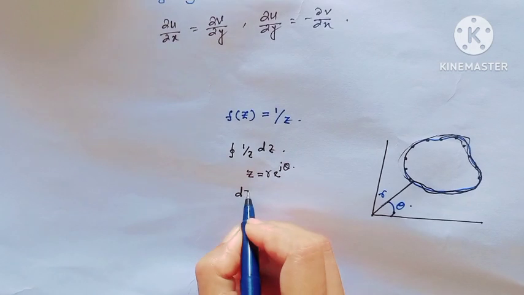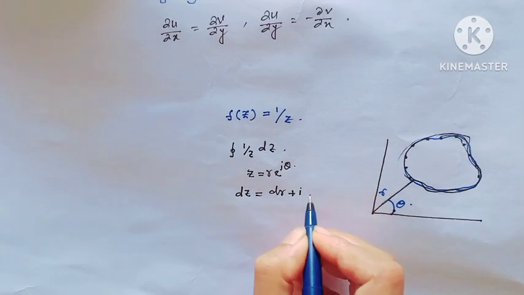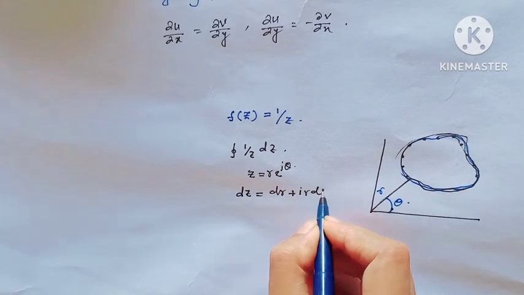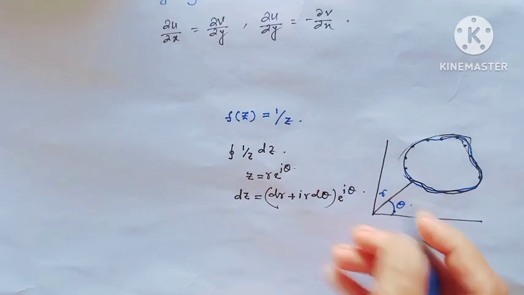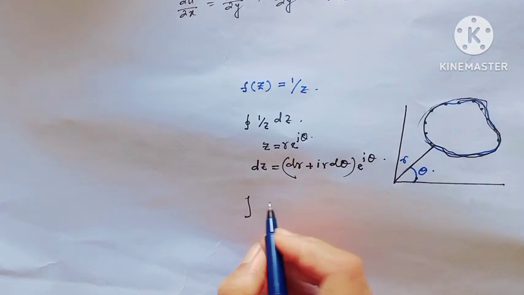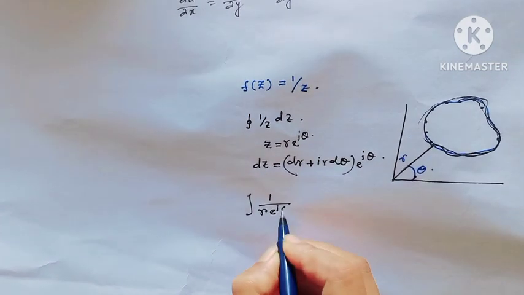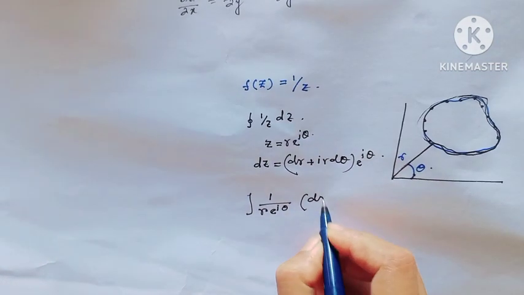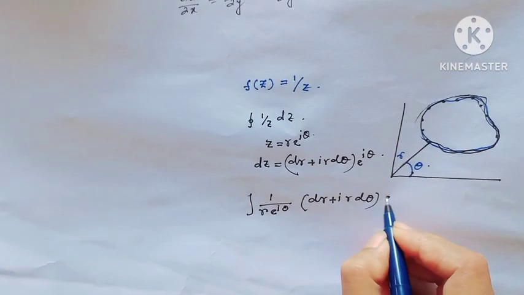So dz = (dr + ir dθ) e^{iθ}. Now integrate it: 1/z means 1/(re^{iθ}), and dz means (dr + ir dθ) e^{iθ}.